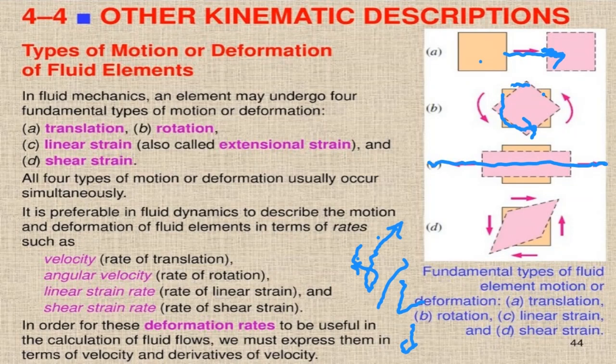So it's just extending like a piece of plastic, let's say. And the other is undergoing a shear strain, which means it's deforming in an angular way. So the shape of the square becomes like a trapezoid, which means its shape has changed because of the shear strain. So there are four kinds of motions that we will see in the fluid motion.